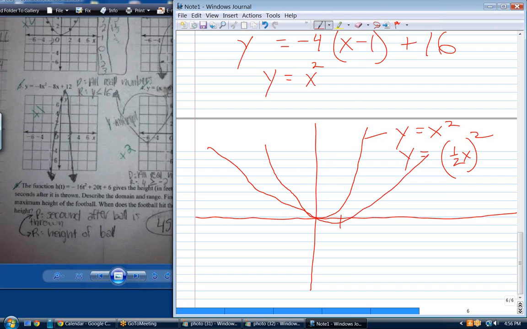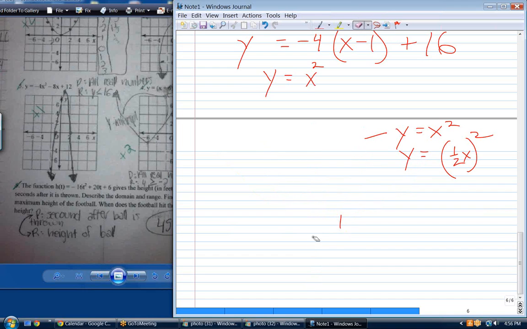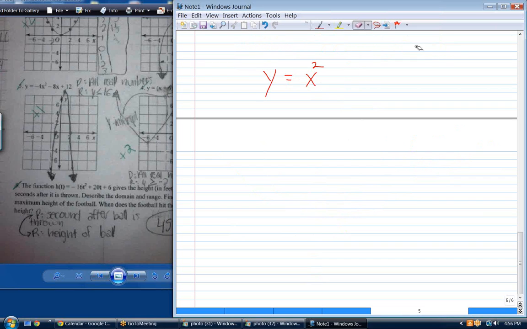So there's your vertical and horizontal transformations. You need to have those 4 memorized so that you can tell. Let me give you some examples here, and I'm going to have you tell me what they are. So tell me, describe what this is.